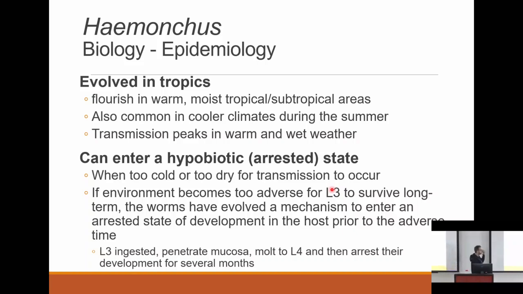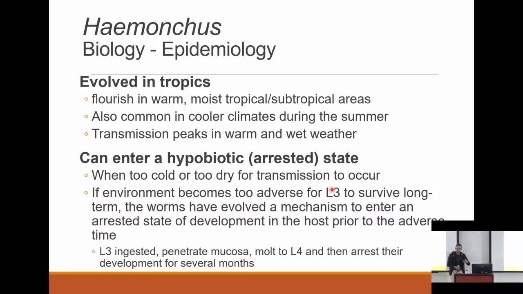As I said, this evolved in the tropical areas, flourishing in warm weather, and also now we have seen this clever parasite in colder climate regions, like Canada or Scotland or Sweden. That is a temperate region, but we have seen this parasite in the summertime in these regions.